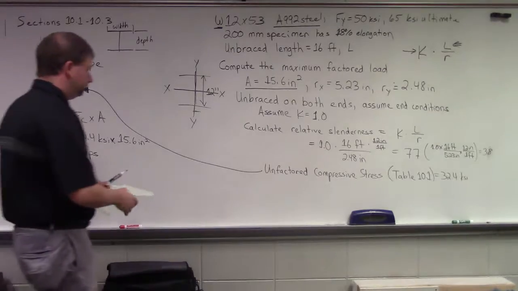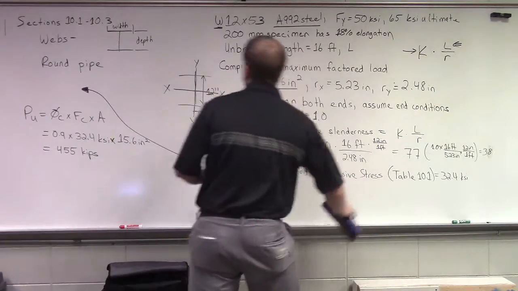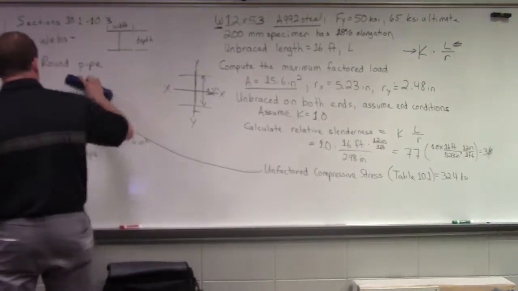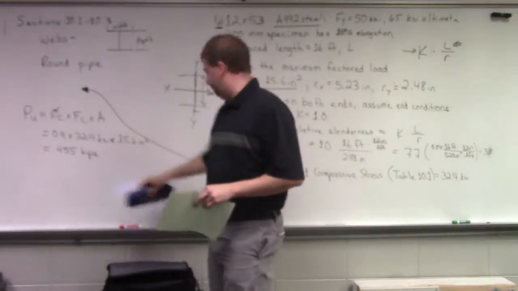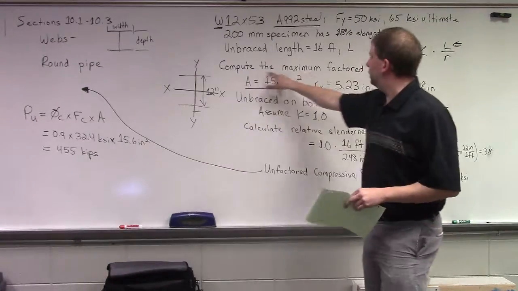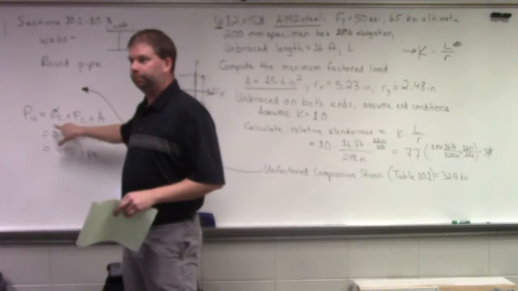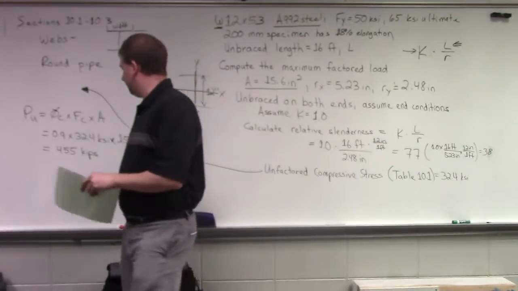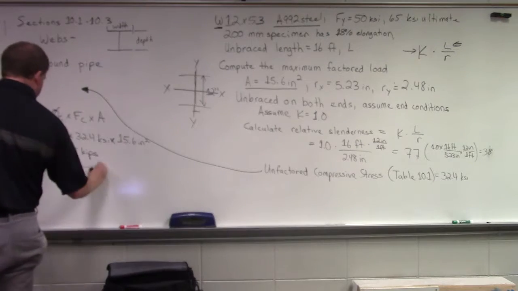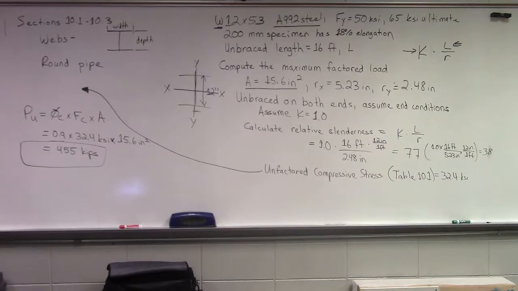Let's do it. So we got 405 kips as our answer. We're looking for computing the maximum factored load. That's what this is here. So wouldn't it be the minimum? The minimum would be the maximum that you would want to exert on that column.